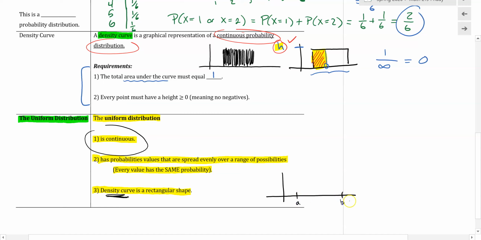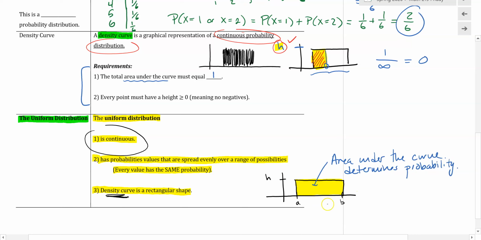There is some really important height that we're going to need to establish, and that is going to be my uniform distribution function, and the area under the curve determines probability. Remember, this total area is 1. That's what's going to help us determine H.